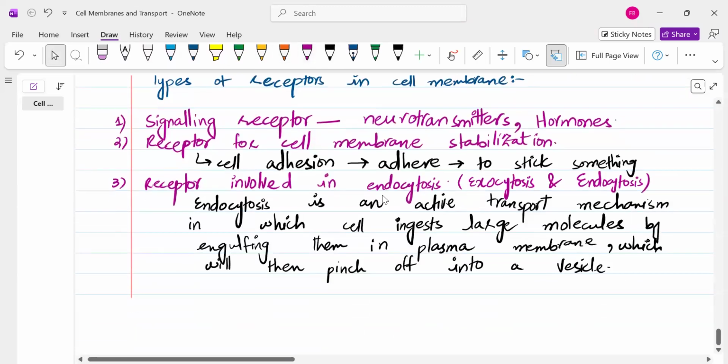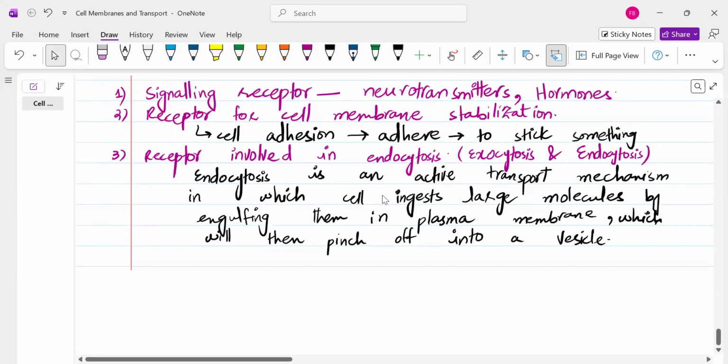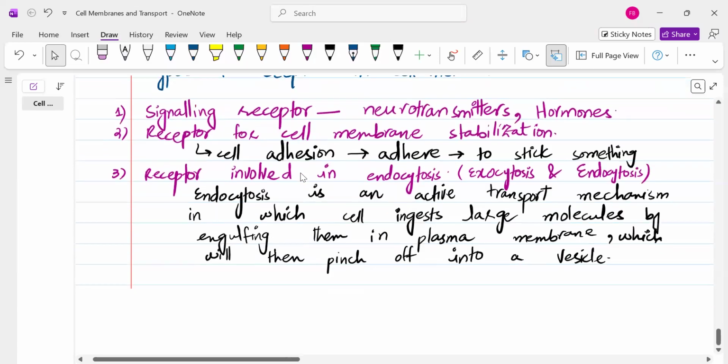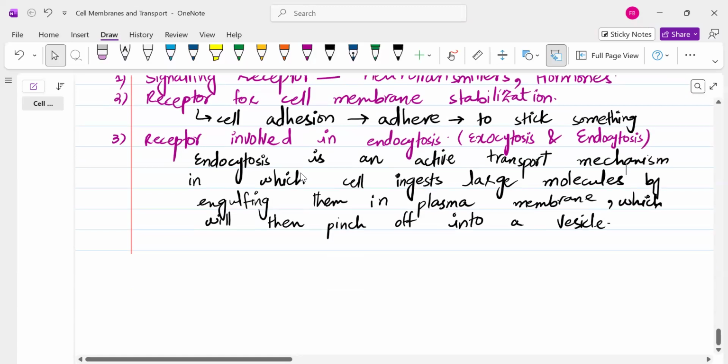Now after this, these were the receptors which we have discussed, and one more type of receptor is there. Actually, there are four types. Just like when there are diseases in your body, when any pathogen enters your body, your body releases antibodies against that particular type of pathogen.